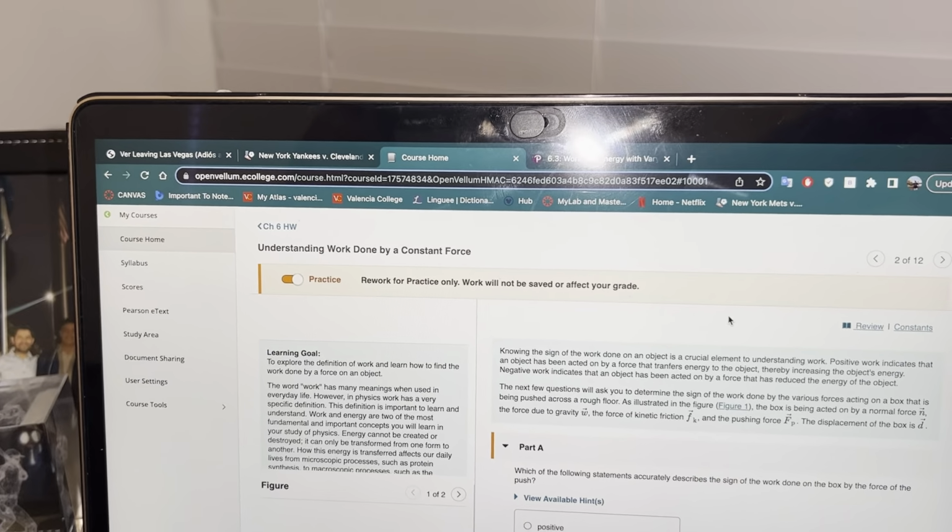So with the equation of work, we should be able to find if the force of the push, they mean this force, is positive or negative in this case. So let's take a look at it.